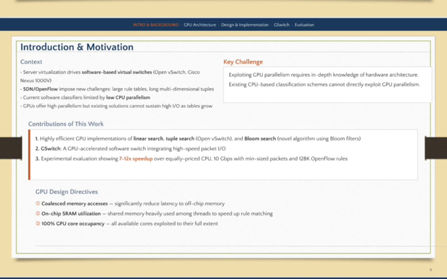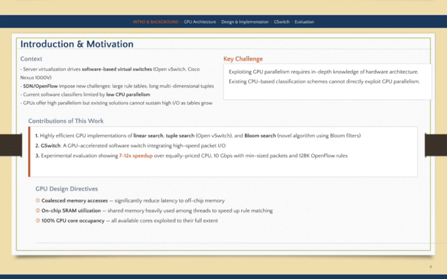The paper proposed three GPU-based classification algorithms: linear search, tuple search, and Bloom search. It also introduced G-Switch, a GPU-assisted software switch.